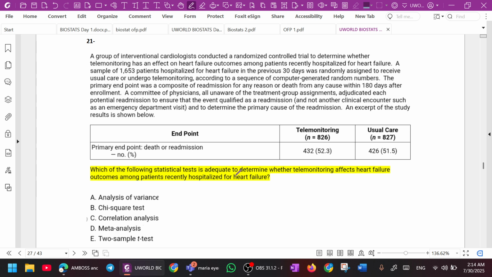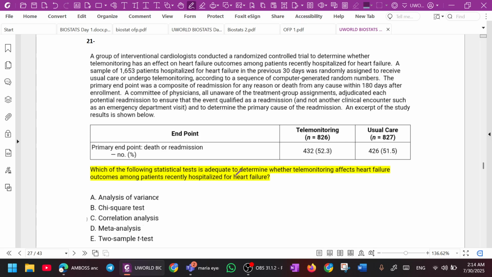I'm asking you, you're the one that says it's correlation analysis. Okay, then it's not correlation analysis.